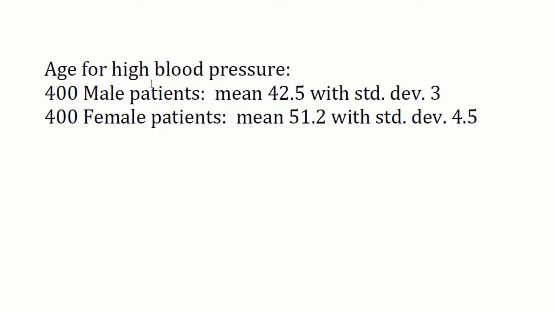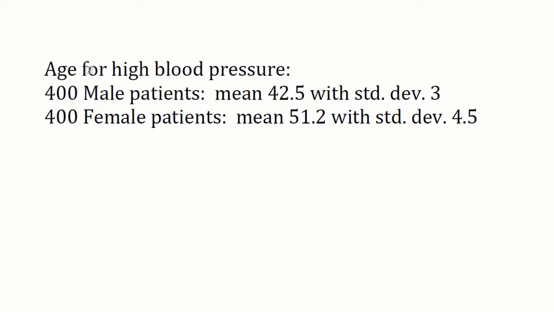I apologize for the very sketchy description of the data here. Basically, the age for high blood pressure with a colon really means I'm studying the mean age for high blood pressure. The idea of comparing two population means is that after this line, I start to get straight into the descriptions of the two separate samples.